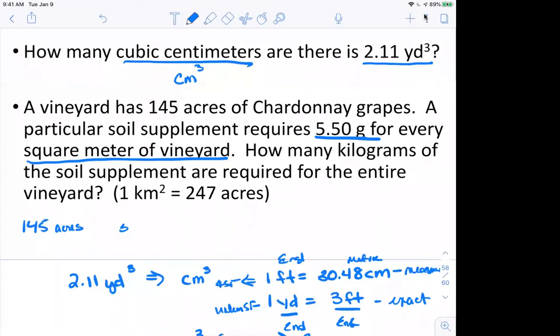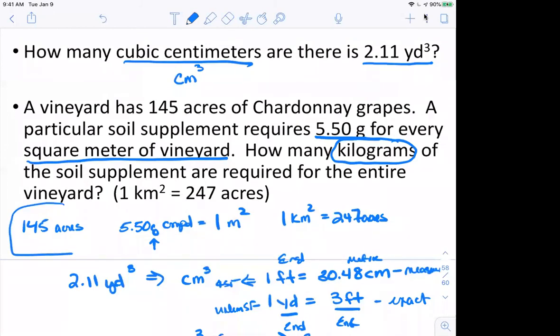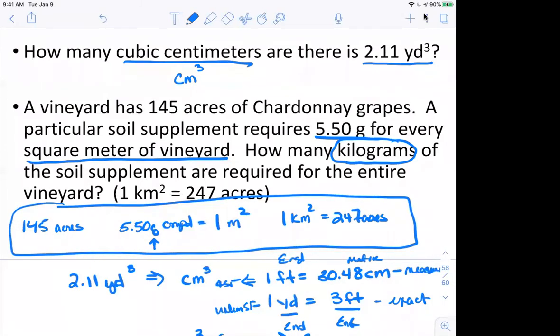I know I need 5.50 grams of the compound for every 1 meter squared of the vineyard. I know that 1 kilometer squared is equal to 247 acres. That's another conversion factor. And I want my final answer in kilograms. And I know I have grams in that conversion factor. So I have to think about how I'm going to set up all of these conversions. But this right here is where I start.